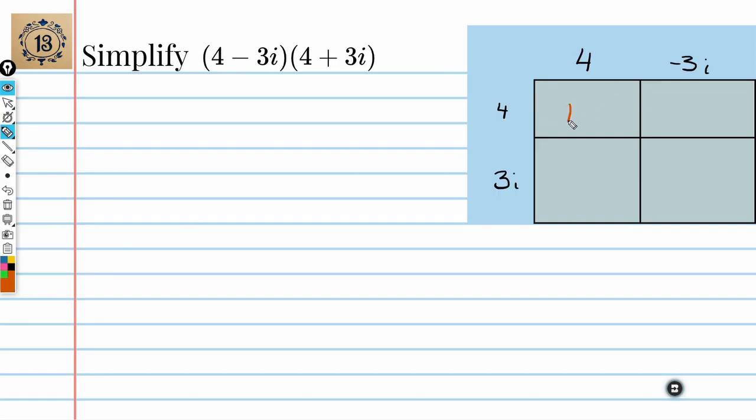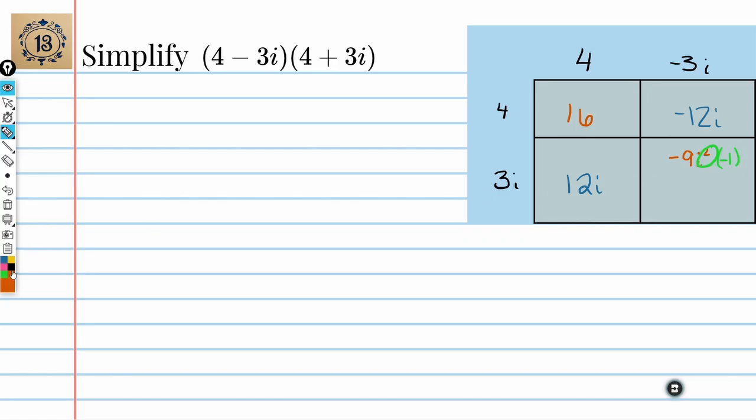So 4 times 4 is 16. 4 times negative 3i is negative 12i. 4 times positive 3i is 12i. And 3i times negative 3i is negative 9i squared. I squared, as we talked about in the last lesson, is negative 1.